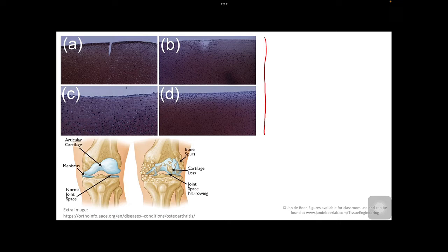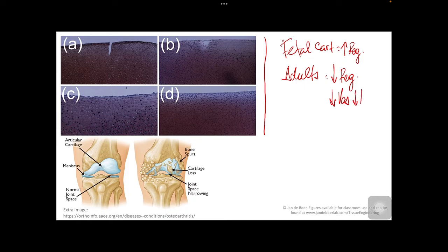In this case, in the fetal cartilage, the regeneration is high. However, when we become adults, the regeneration is low. We lose that capacity to regenerate cartilage because, again, we lack vascularization and we lack innervation, right?